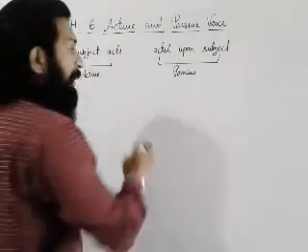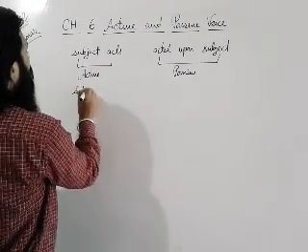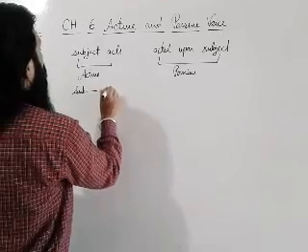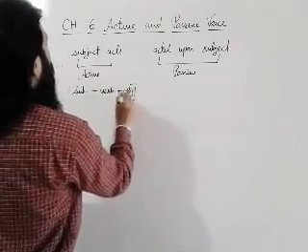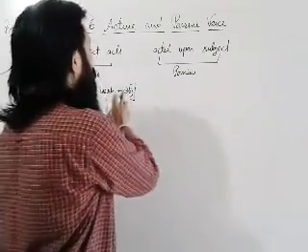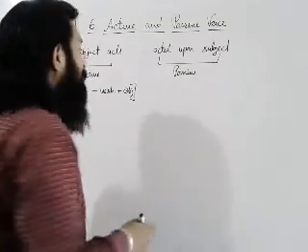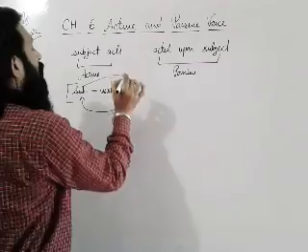In this one, at first you have to write the subject. We can say that in this type of sentence the formula is: subject plus verb plus object. And if we are going to talk about passive voice, then it is completely opposite. Object will be changed into subject and subject will be changed into object.